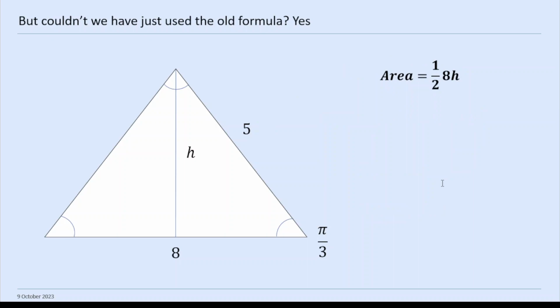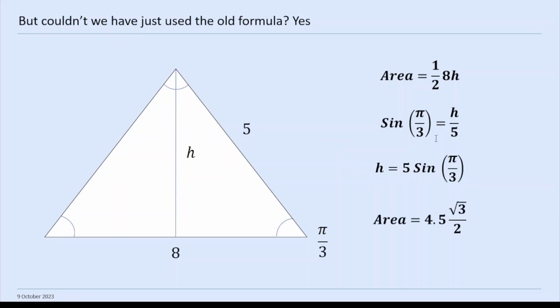10 root 3, and the point is, couldn't we have just used the old formula to do this? The old formula would say area equals a half the base, which is 8, times the height, which is h, half 8 times h. Then we'd say, okay, fine, sine pi over 3 is h over 5, which means that h equals 5 sine pi over 3.